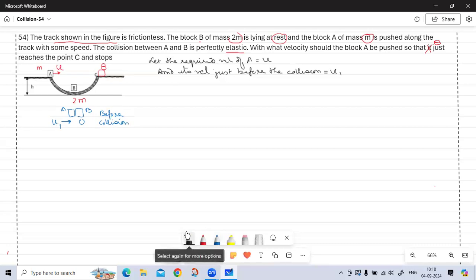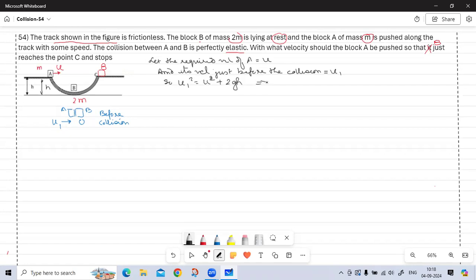Then from the kinematics formula, since this height is given as h, we can find out u1 squared is equal to u squared plus 2gh, because the block A is falling under gravity.